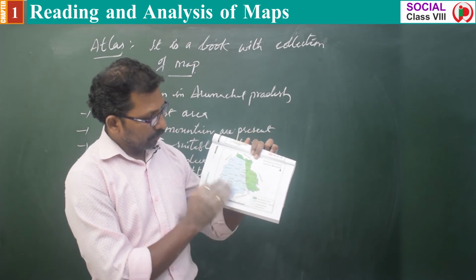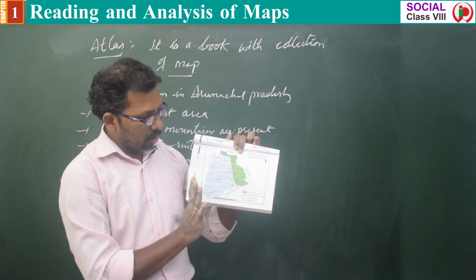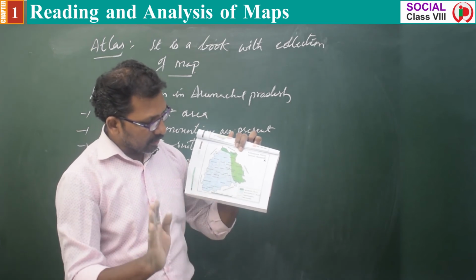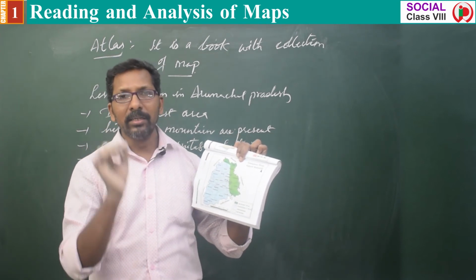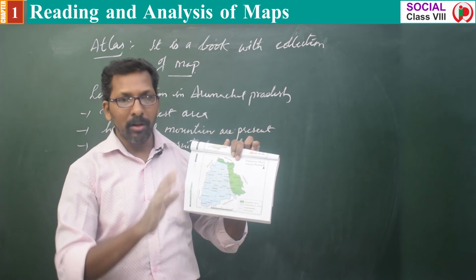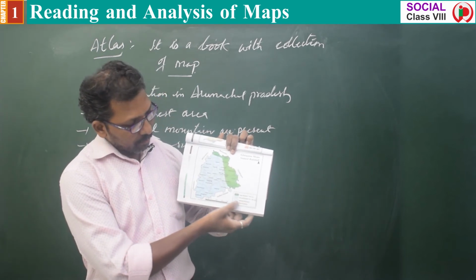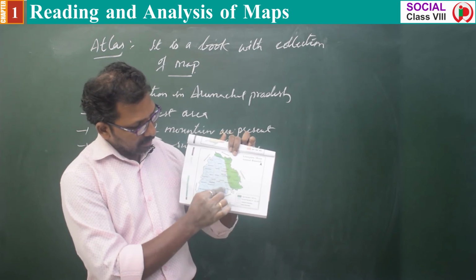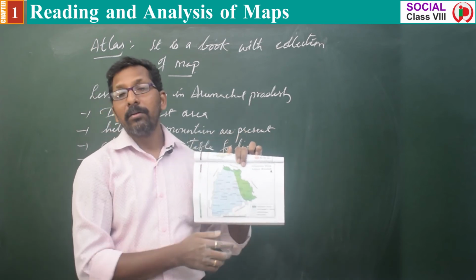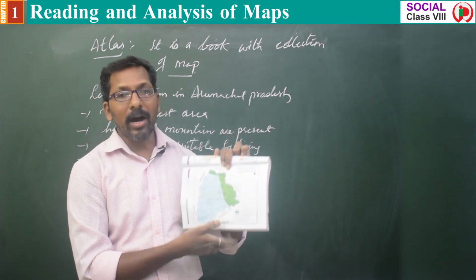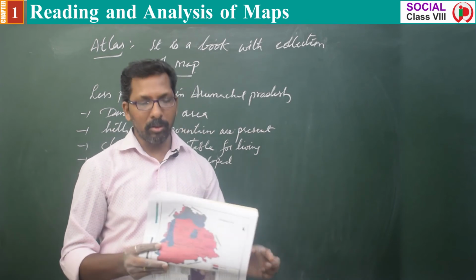Normal rainfall, the other parts of the whole Telangana receive normal rainfall, and there are no districts where there is very less rainfall, less than 70 centimeters. No district receives lesser than that. And the district boundary has been mentioned with a light black color, and the state boundary is marked with a dark black color.